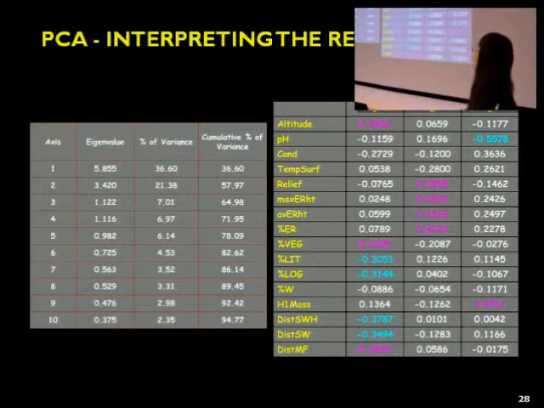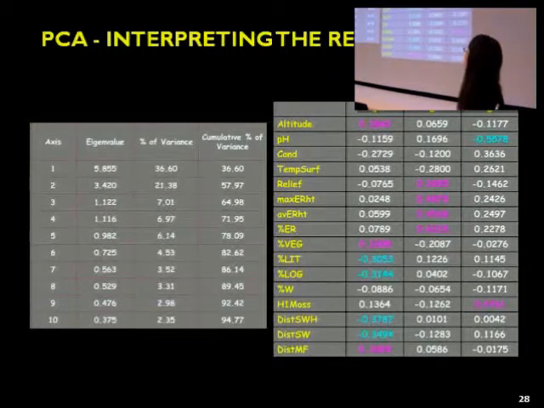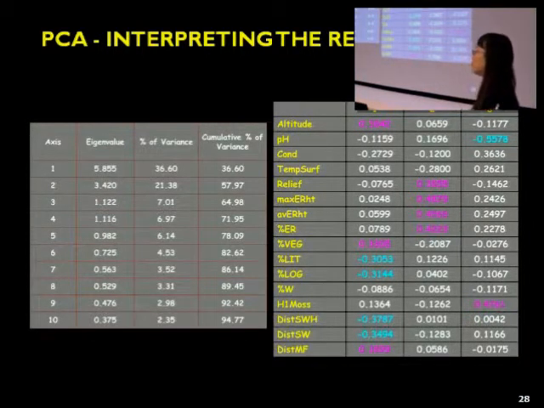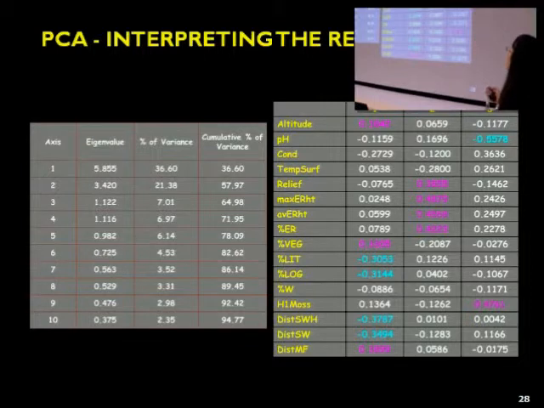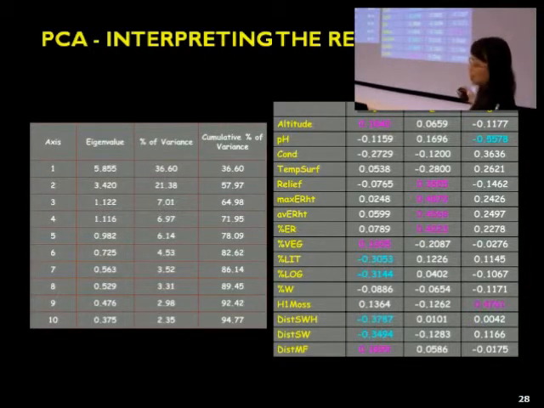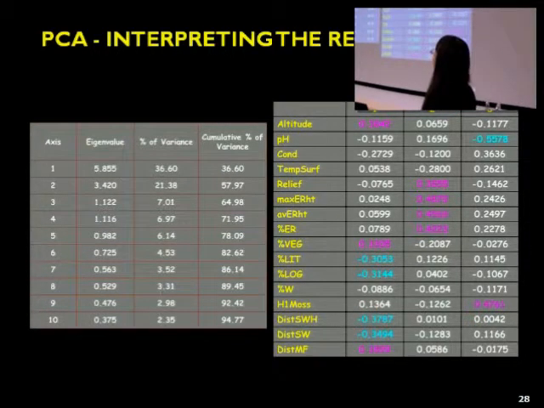I'm not going to go too much into details, but I want to explain a little bit how to interpret the result of principal component analysis. Often after you run PCA in software, you will end up with these 2 table-like results. The first table tells you the eigenvalues of the principal components. Here we say axis. Here we have 10 principal components, and we have the eigenvalues, percentage of variance and cumulative percentage of variance.